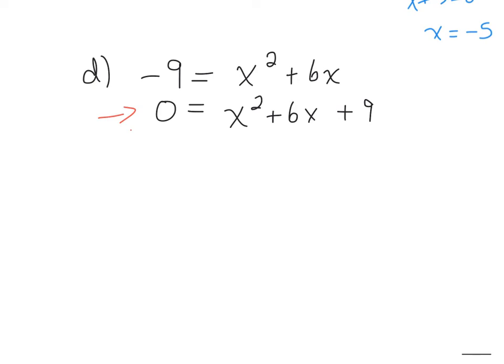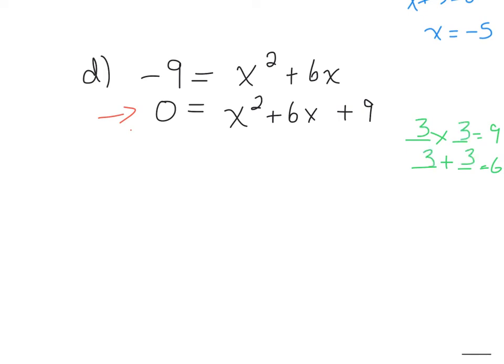Now some of you may have noticed that this is a perfect square trinomial, but in case you didn't, I see that this is a simple trinomial, so I know I'm looking for two numbers that multiply to give me 9 and add to give me 6. I can see right off the bat that those values are 3 and 3.